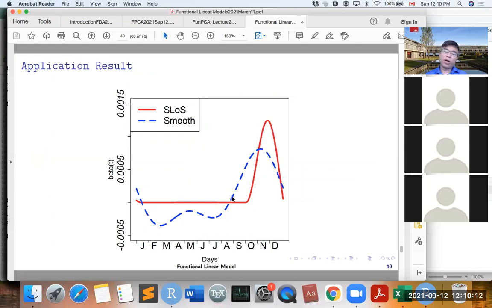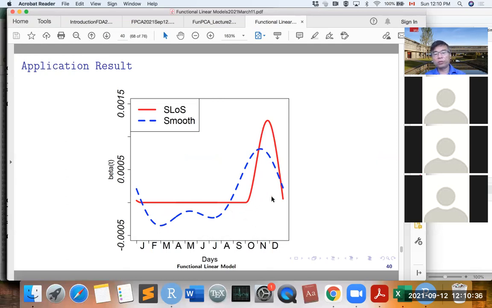Here the red one is our SLoSS estimator, and the blue line is the smooth estimator. You can see that our SLoSS estimator is strictly equal to 0 from January to September.